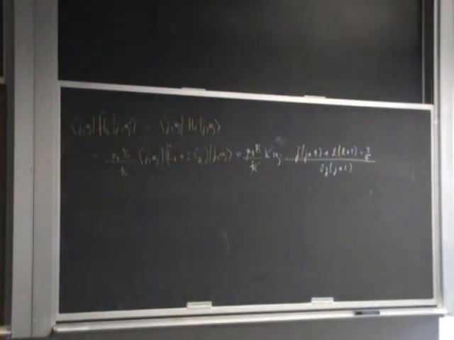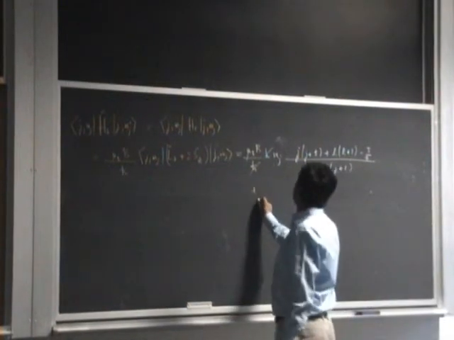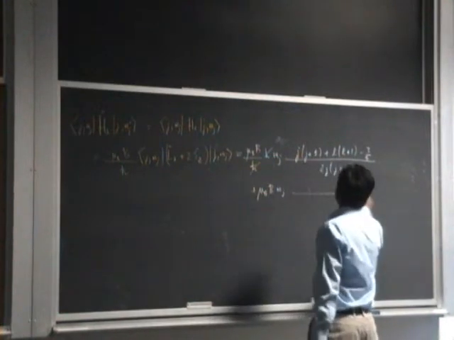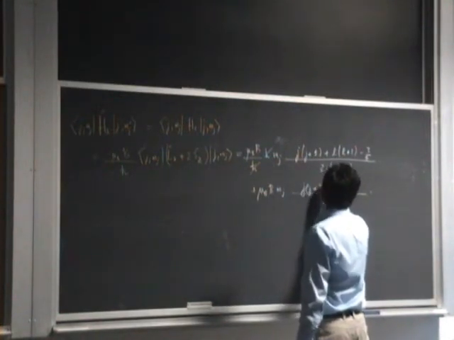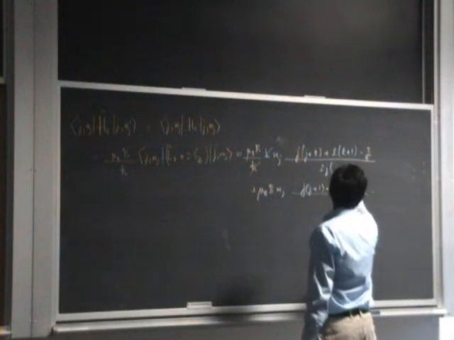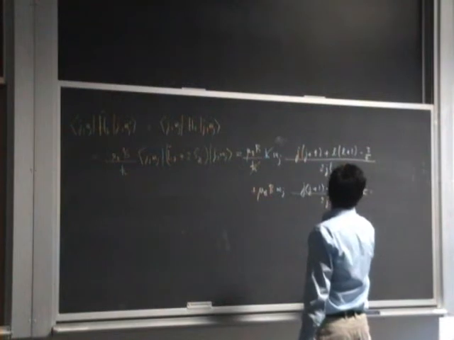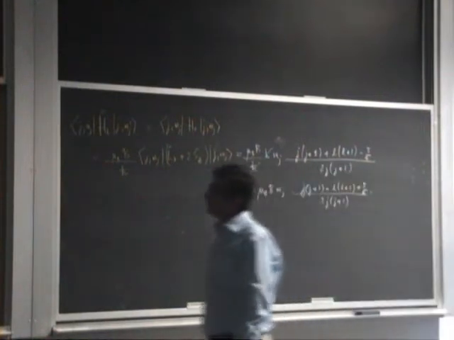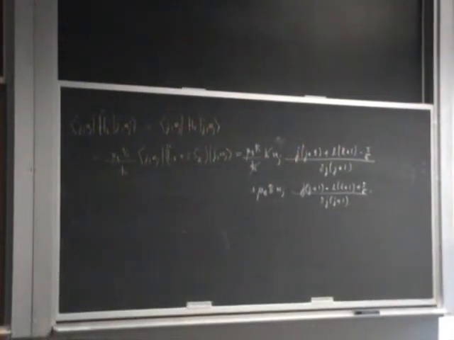This is what I get, plus μB mj times J(J+1) minus L(L+1) plus 3/4 over 2 times J(J+1). This is the denominator, and this is the half here.